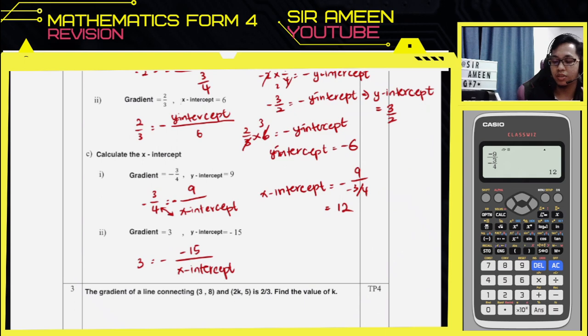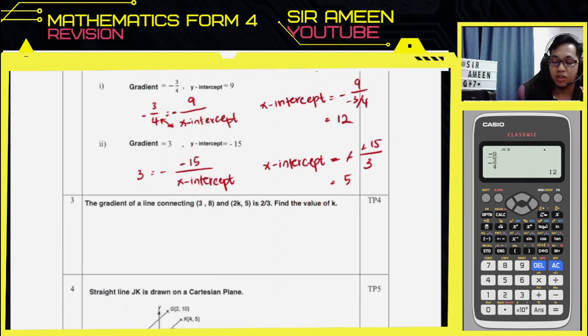Use the same method, swap the position. X-intercept equal to negative 15 over 3. Negative divided by negative becomes positive. 15 over 3 would be 5. So the X-intercept is equal to 5.